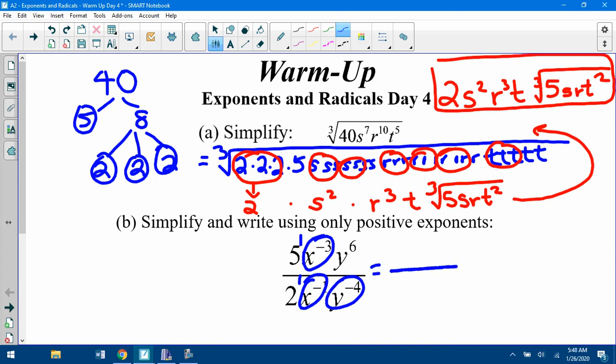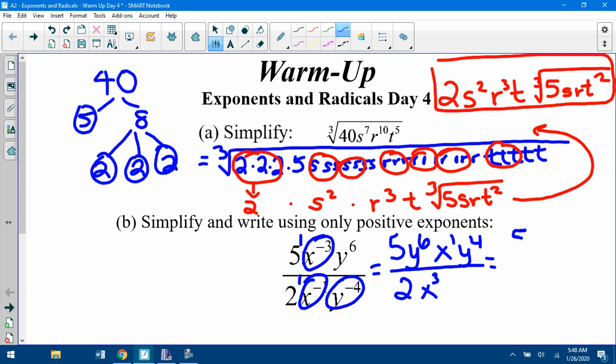Okay, so when we write what hasn't moved, we've still got the 5 and the y to the 6th on top. We've still got the 2 on the bottom because those weren't circled. What else is on top now? We have x to the first, y to the fourth, and the bottom we have x cubed. So I would simplify top and bottom.